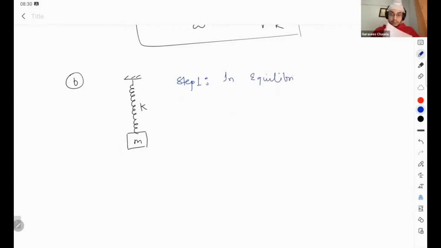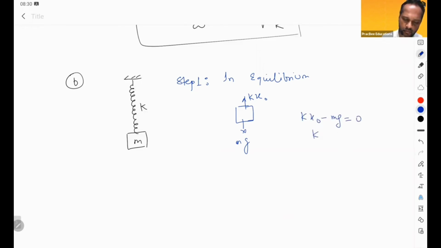This time in equilibrium there is some force mg and there will be some extension in the spring in the equilibrium position also. Because mg will pull downward, for equilibrium there has to be some elongation. So in the direction of motion there will be some force, and I get kx naught minus mg is 0, or kx naught is equal to mg. Let's call this equation number 1.